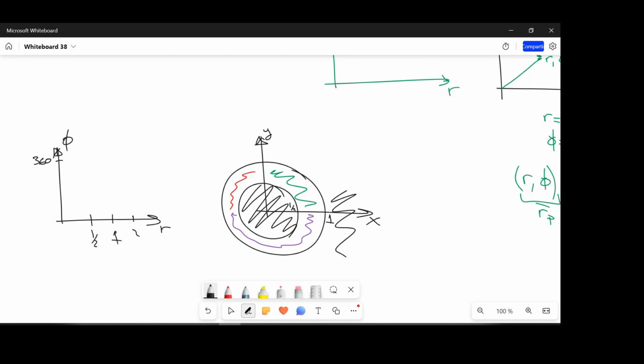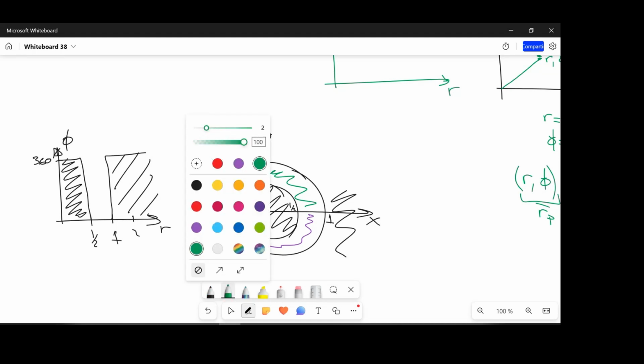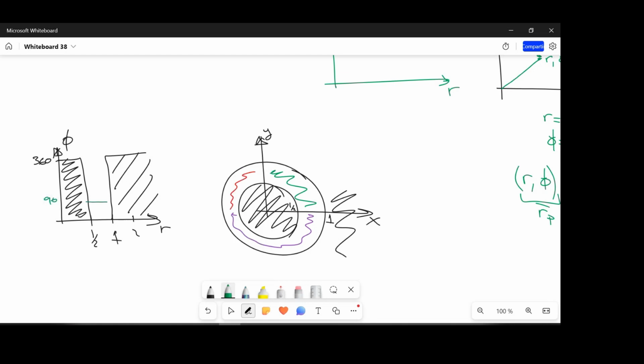So my image is this. It's a color image. Before 1 I have this black. So all this region is black. Now beyond 1 it is also black. Between 0 and 90 it is green.